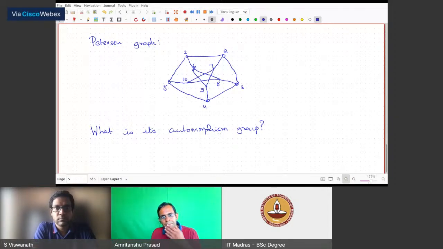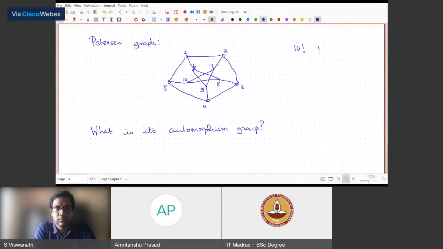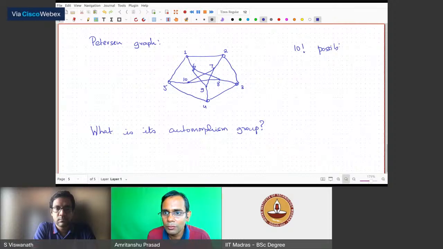So this looks like a difficult problem, in the sense that do you really have to go through all the possibilities? There are 10 vertices, so you have 10 factorial possible permutations, and you need to check which of them are graph automorphisms.